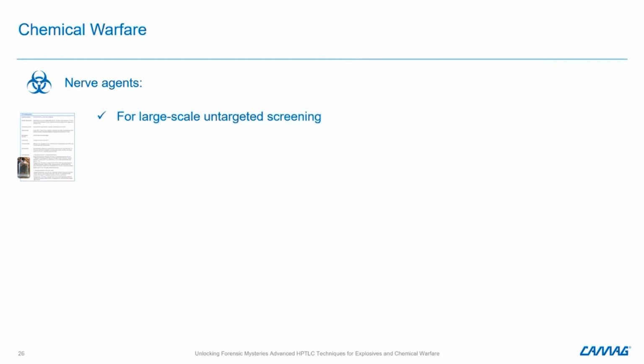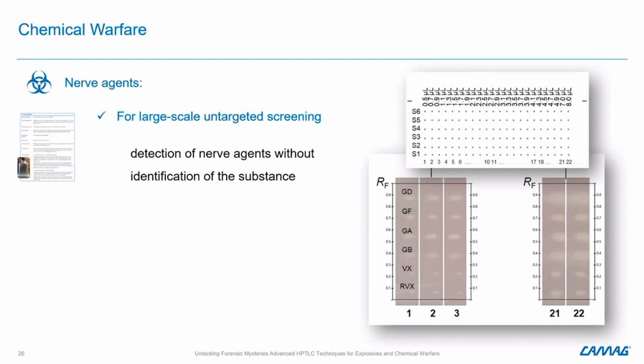For the nerve agents, we also developed another methodology for large-scale integrated screening. What we wanted was to be able to detect the nerve agent without identification of the substance. So you apply each sample at different application volumes, and then you don't develop the plate.